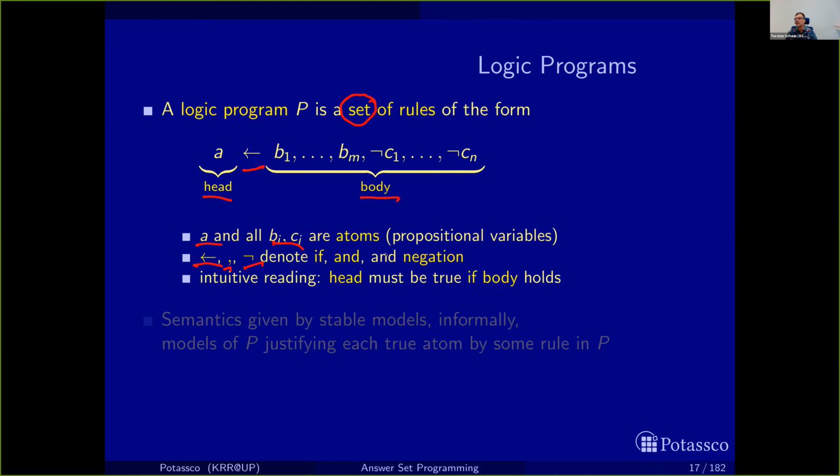The intuitive reading of such a rule is that the head must be true if the body holds. But here this rule is taken really seriously, in the sense that we will see logically afterwards, this is a genuine connective. It's not like standard implication, which is equivalent to a disjunction. No, here you take this implication seriously.